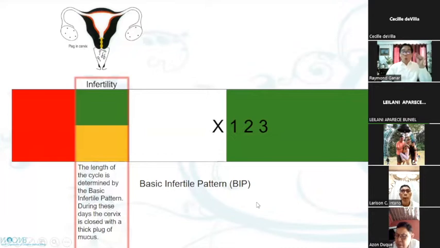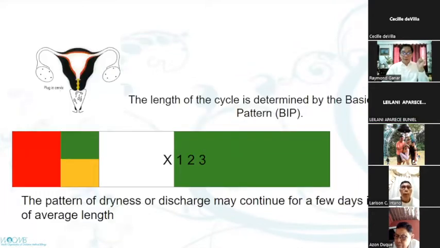So we are only focused on the color green. The pattern of dryness or discharge may continue for a few days in a cycle of average length. Meaning the number of dry days after menstruation, or the number of days of BIP, will continue.